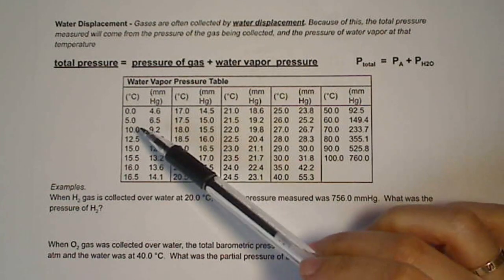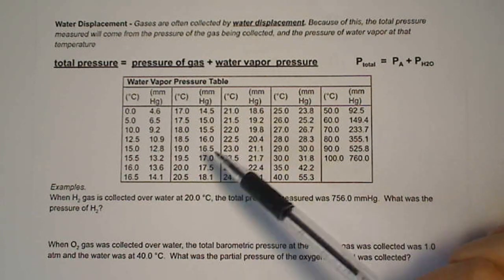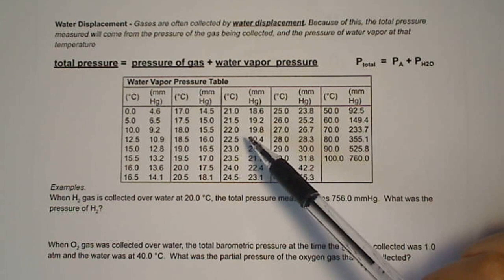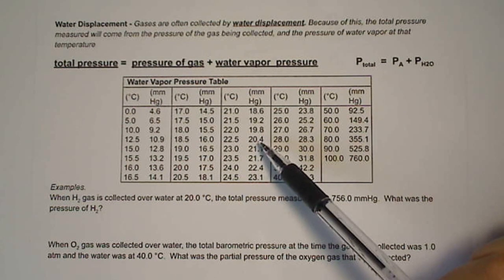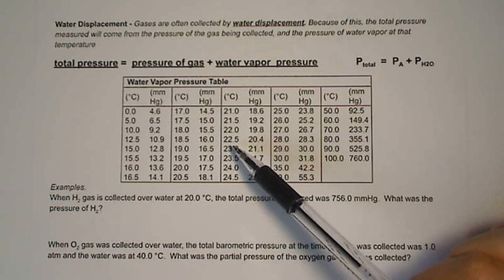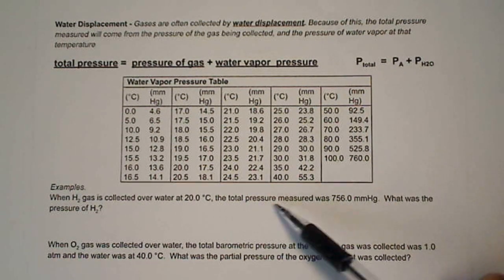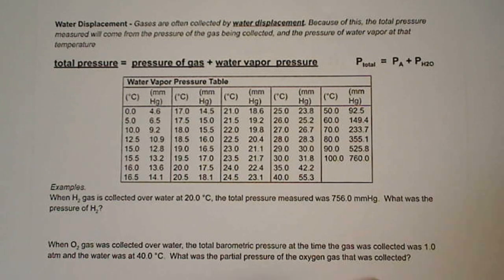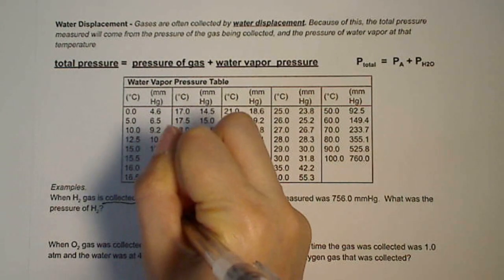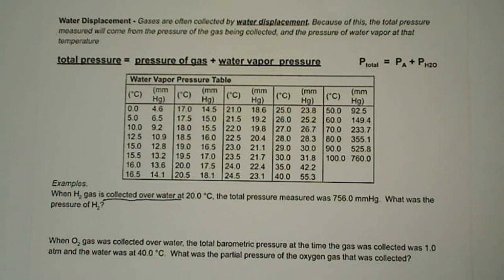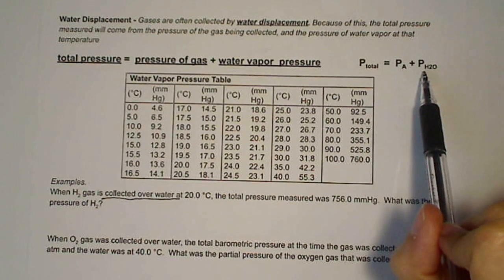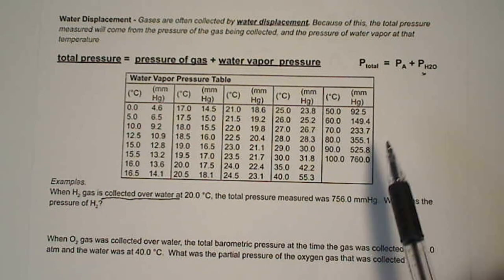Here they give you all these different temperatures, and then the respective vapor pressure at that temperature. If it is collected over water, you're going to look for these three magic words: if it is collected over water, you're simply just going to subtract the pressure of water.